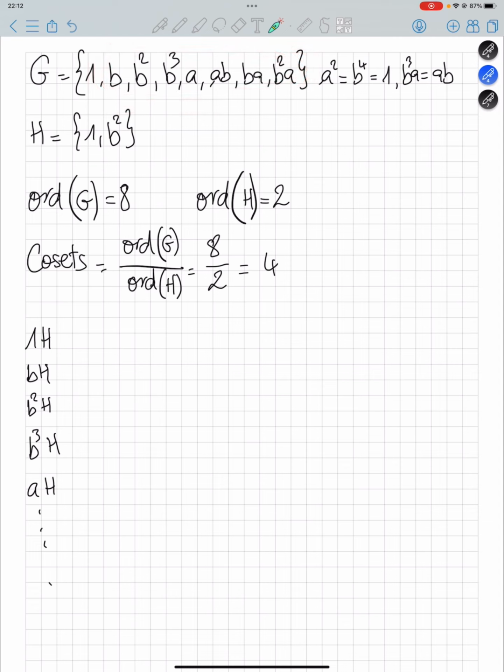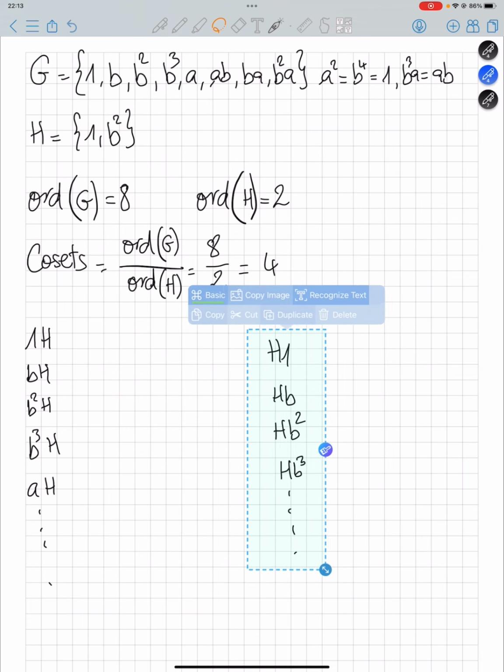So this is the left coset. Now for the right coset, we would do H identity, then HB, then HB squared, HB cubed, right? That's what we would do if we didn't know any shortcuts.